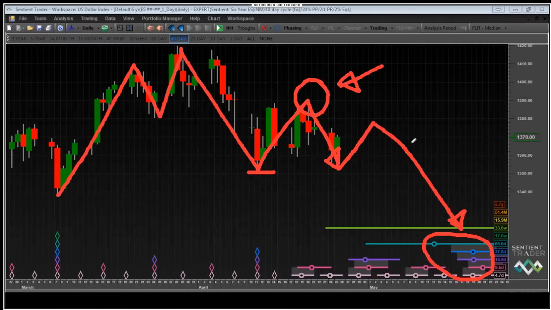So in other words, I'm not going to be trading the 40-day cycle into an 80-day cycle trough. I prefer to trade a 40-day cycle only into a 20-week cycle trough at the least. So on a personal level, I wouldn't be trading short. So the simple answer is no, we're not going to trade short yet. We've got to wait.